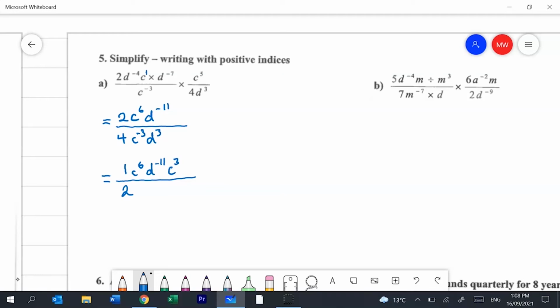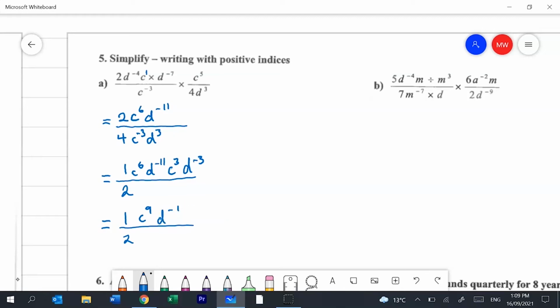And when that D to the 3 at the bottom comes up, it becomes D to the minus 3. And by doing this, I'm just back to index law number 1. So 1 over 2. I've got C to the 6 plus 3 makes C to the 9. I've got D to the minus 11 plus minus 3 gives me D to the minus 14.